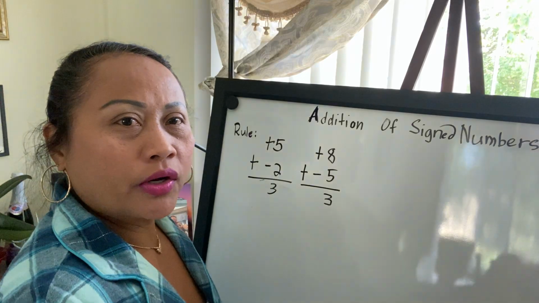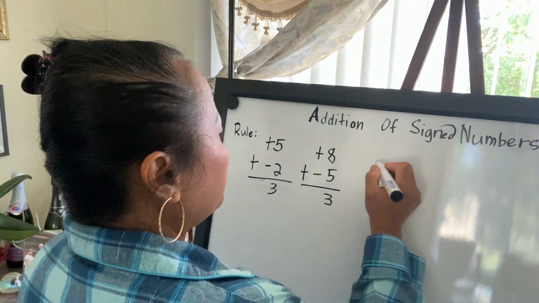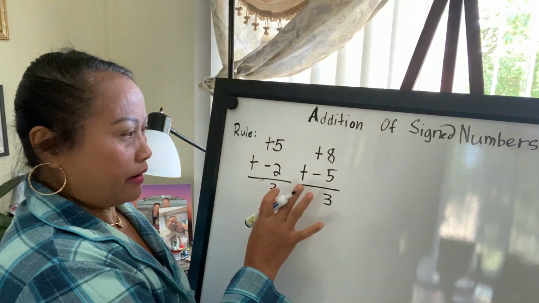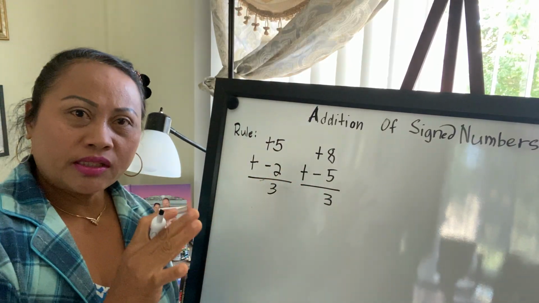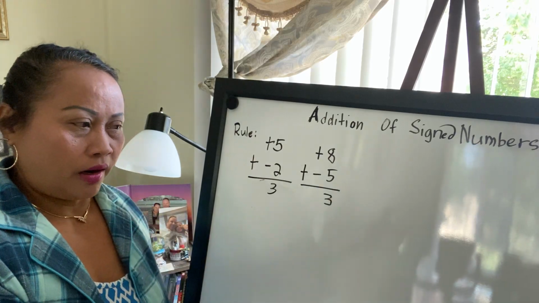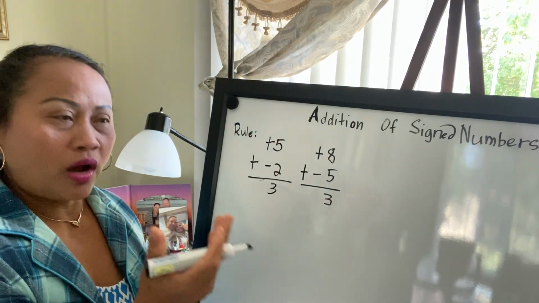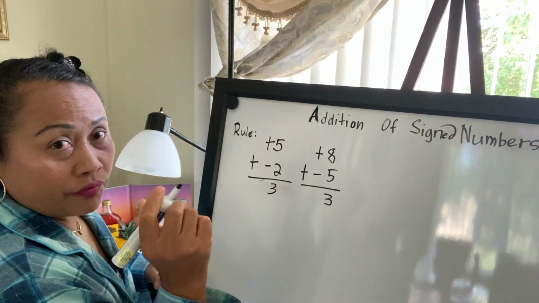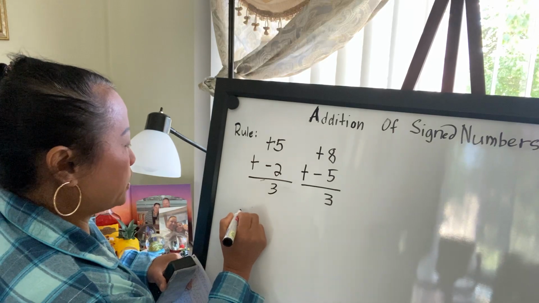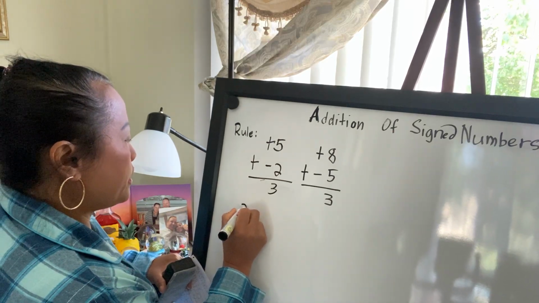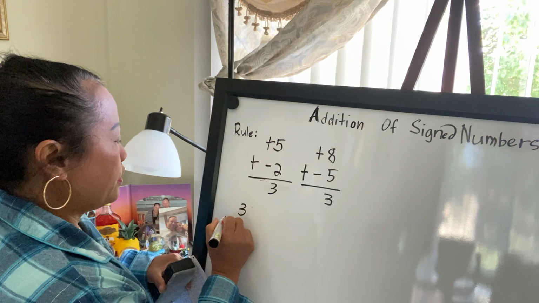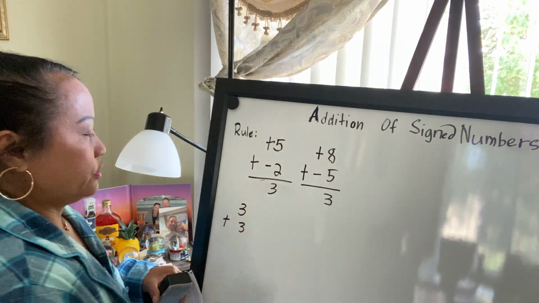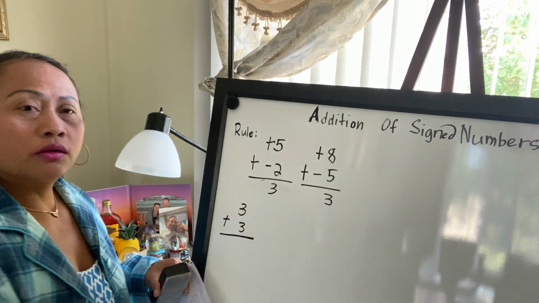So, I'll give you another example. This time, we are adding numbers with the same sign. And remember, different sign, you have to subtract. The same sign, you have to add, okay? Like, for example, 3 plus 3 equals.